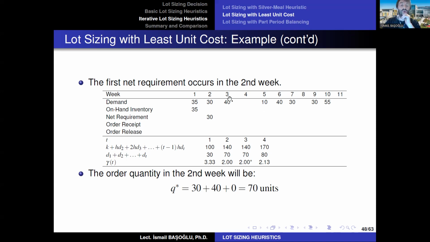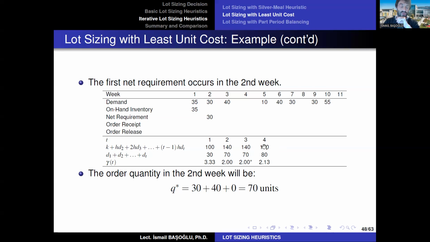So if I introduce the demand of the fifth period in my order, then I'm going to pay $170 of costs associated with 10 units. I'm going to carry 10 units of inventory for 3 periods, and the weekly unit carrying cost is $1.